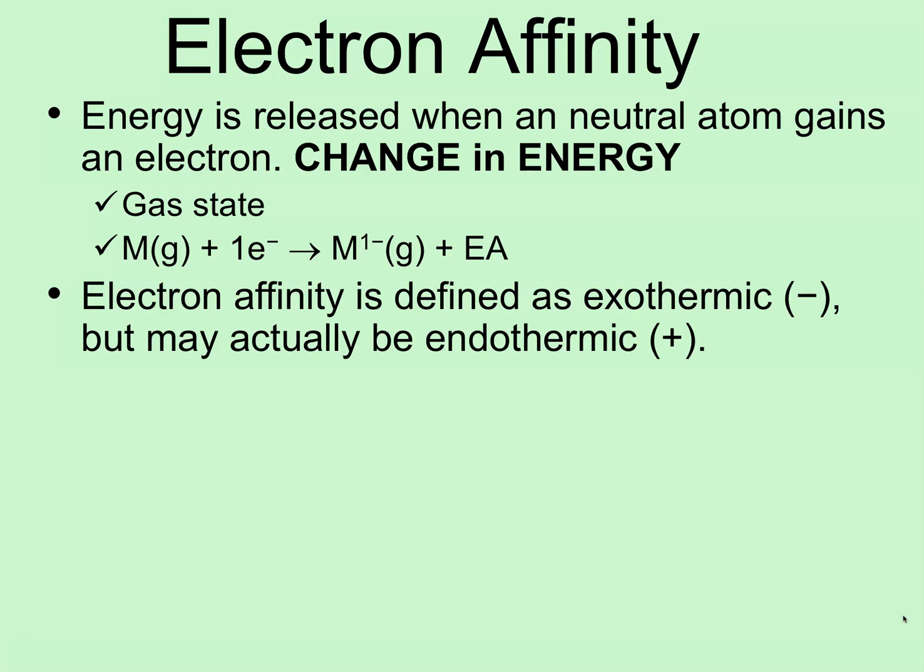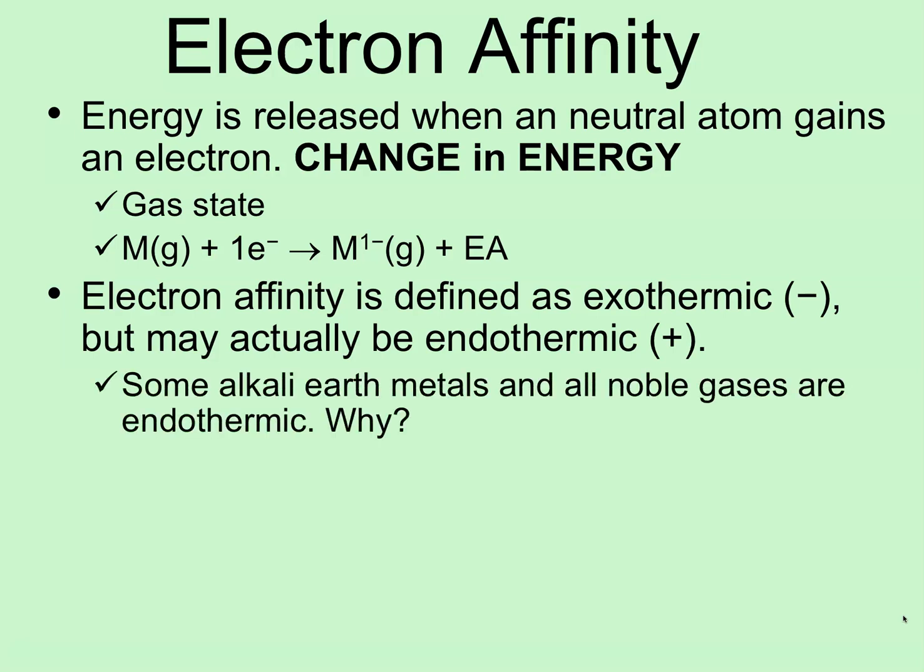However, there may be some that are actually endothermic, exceptions to the rule, if you will, since when you gain electrons as a nonmetal, you tend to be going towards becoming more stable or having a full outer shell like the noble gases. So some of our little exceptions, the alkaline earth metals, column 2, and all of our noble gases show an endothermic process when gaining an electron.